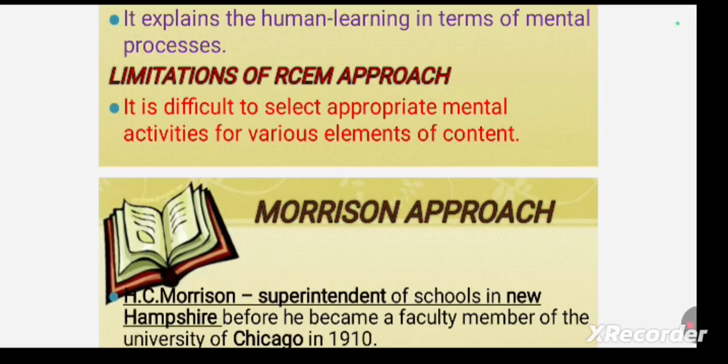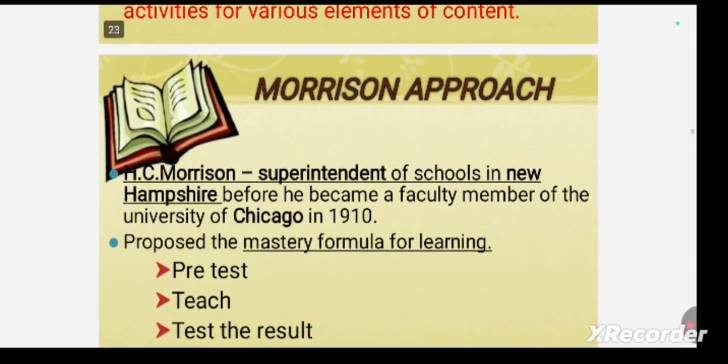So even this RCEM is easy and effective, even though it has some limitations also. It is a little bit difficult while selecting the material for activities. It is a little bit difficult while following this approach. That is its limitation.